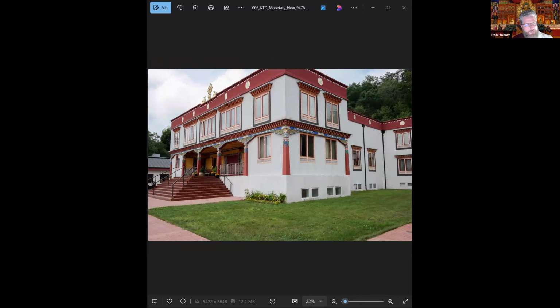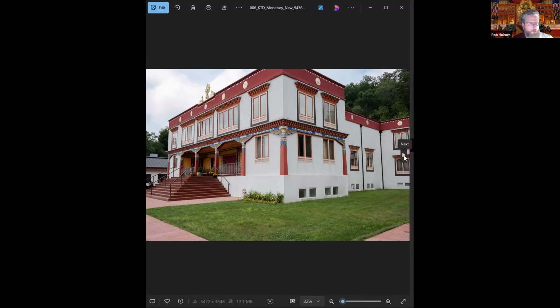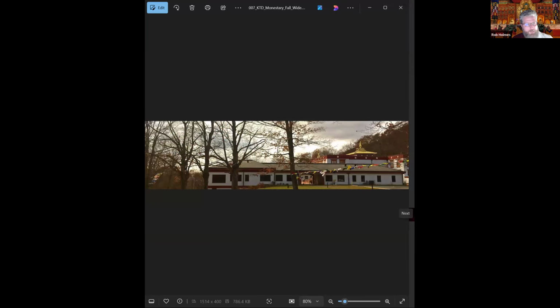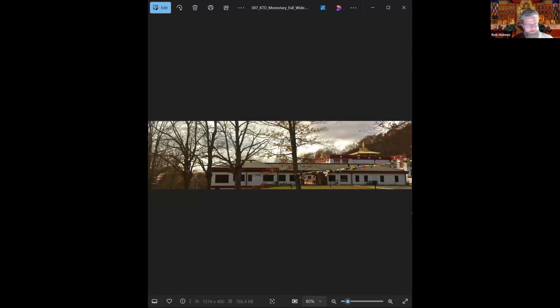You've got the more modern housing accommodations set up there. And this again is more of a full shot of the building, so you've got the temple here, and then the housing surrounding it.